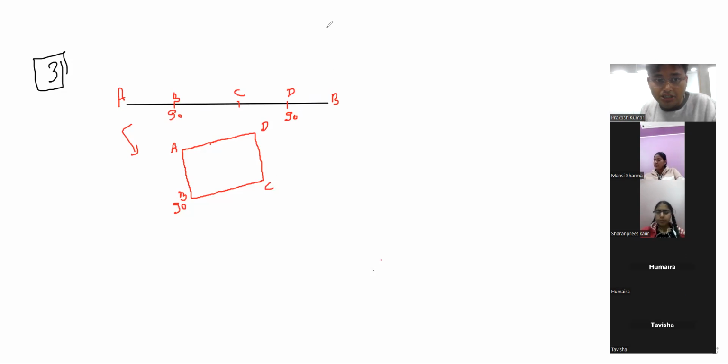And now in your question, it is written that this square has an area of 484 square centimeters. If the area is 484, can we calculate one side length of this square? Area of a square is side square.